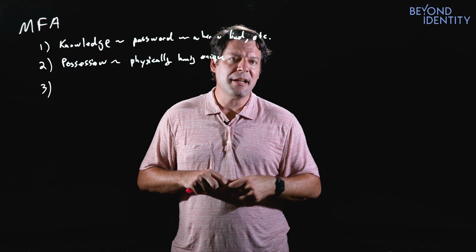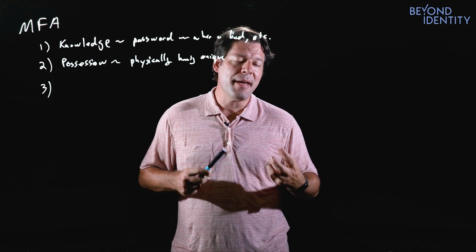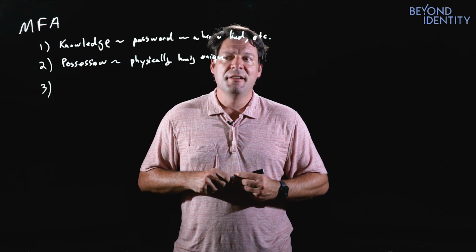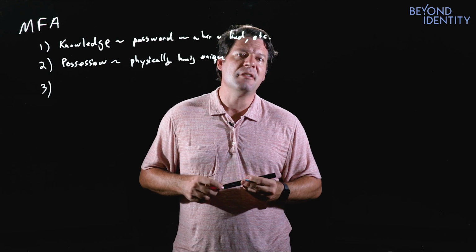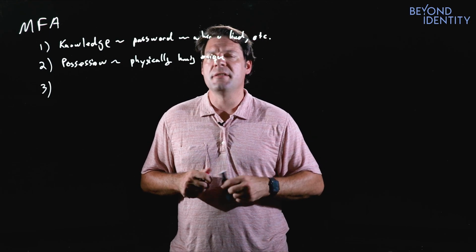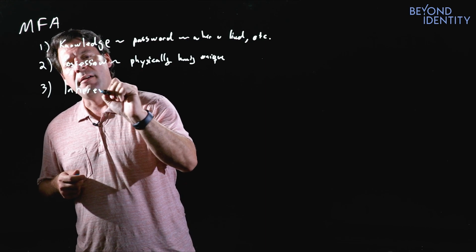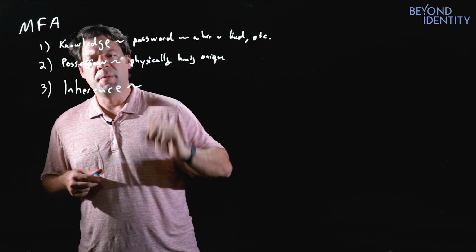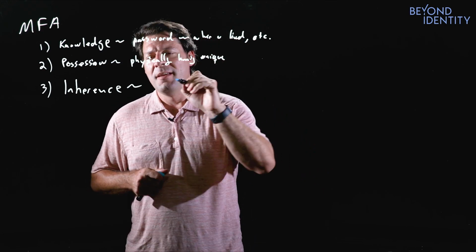Other forms of possession, maybe those tokens can actually be hardware tokens that are embedded in computing devices. So by possessing that computing device, you can prove possession of that computing device. And then finally, inherence, which almost sounds like a made-up word, and maybe it is, because I don't know if it's spelled that way.